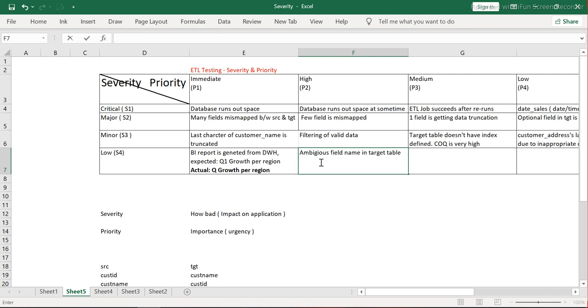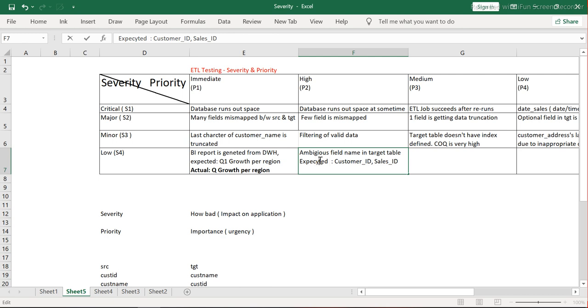So there is one table. What I am expecting, I'll put expected also, is let's say I have a customer name. I am expecting customer ID and sales ID. These are the two columns that I'm expecting.